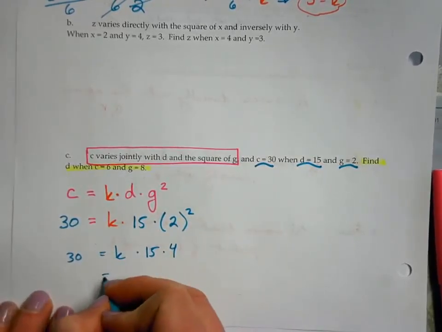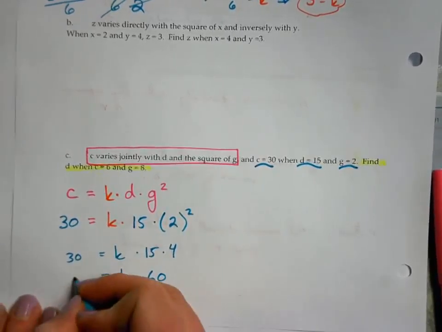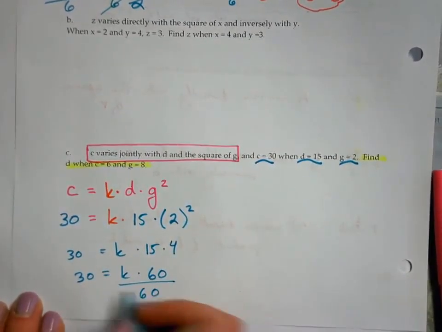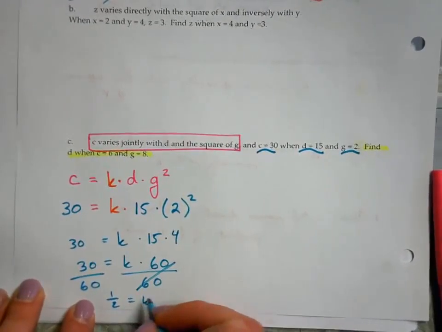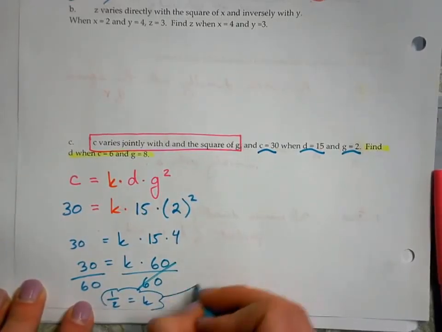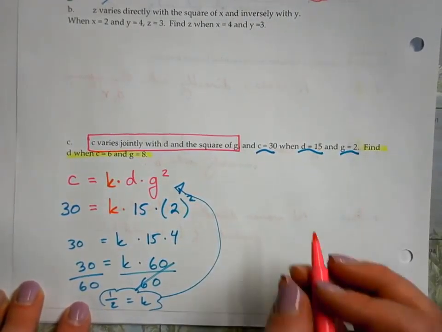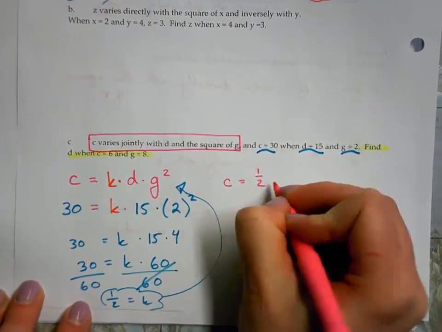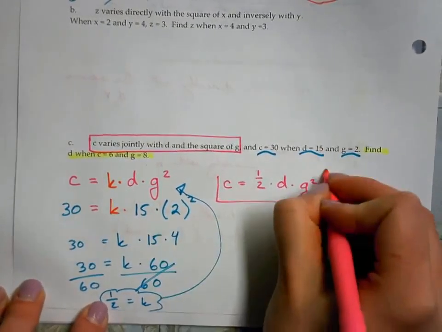So 4 times 15 is 60, and 30. We need to divide both sides by 60. So we'll get 1/2 equals K. That comes up here. So when we rewrite this, we have C equals 1/2 times D times G squared.